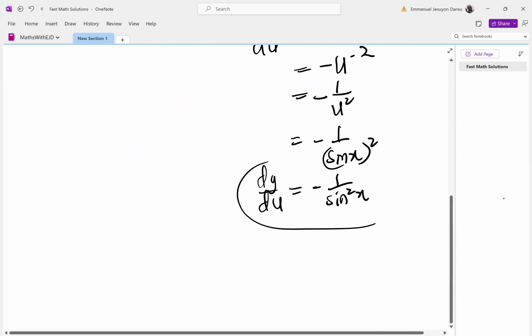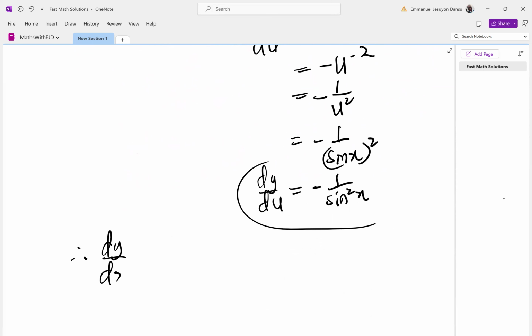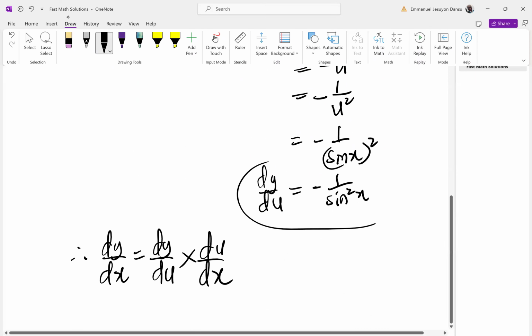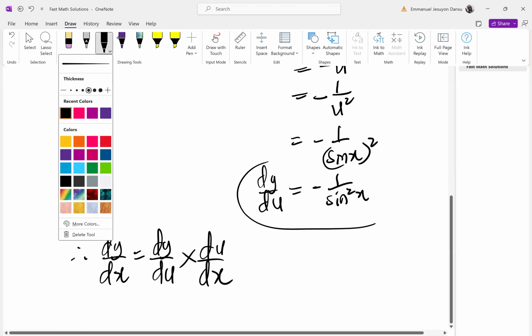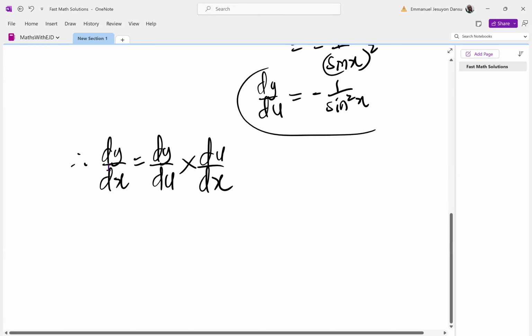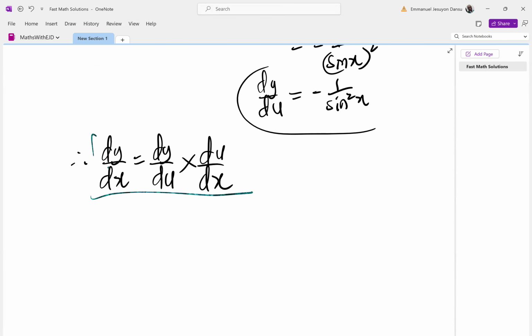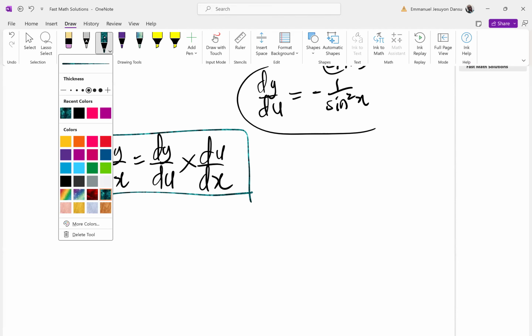So dy dx is equal to dy du times du dx. Having stated this, you can put everything together to get what you need.